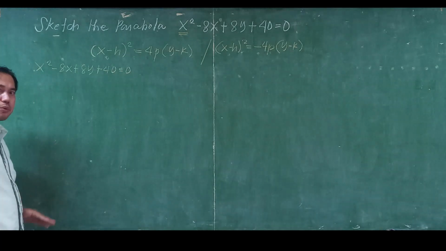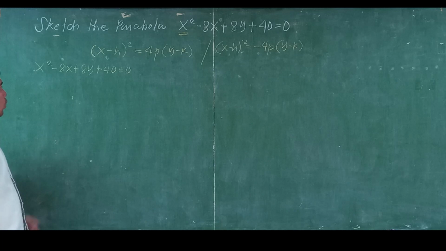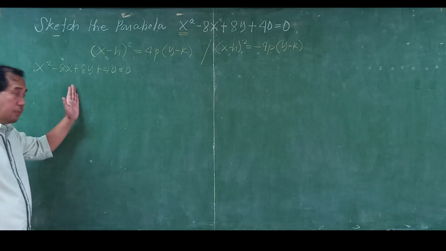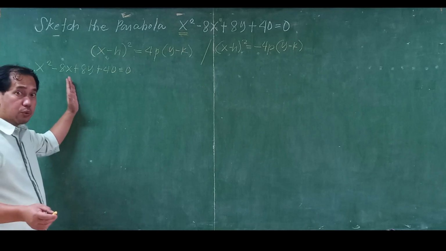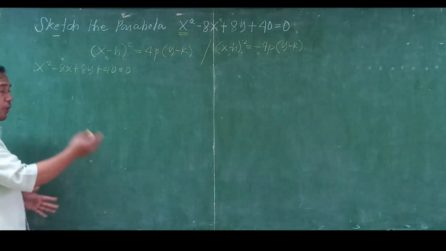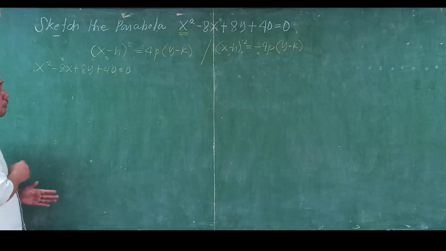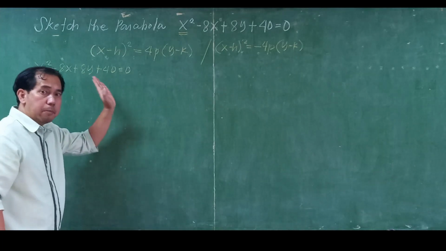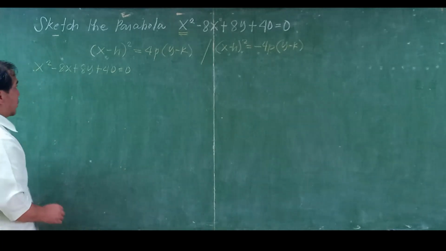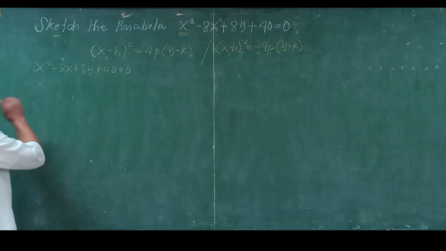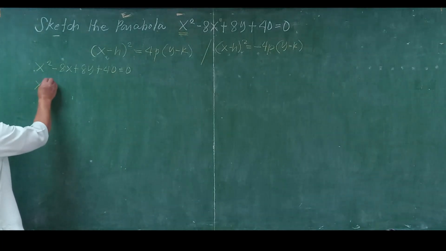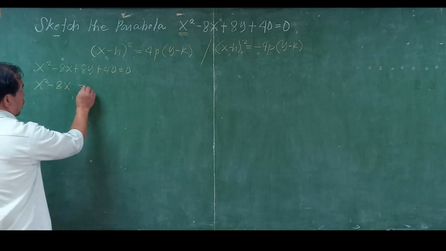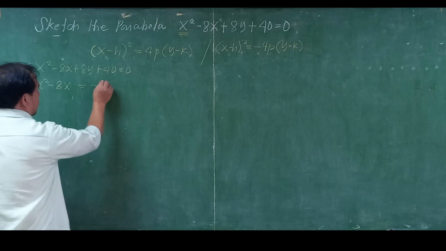Again, the variable that is raised to the second power, which is x raised to 2, including the variable x, which is not raised to the second power, will be isolated at the left side. And the other variable, which is y, and the constant will be isolated at the right side. And so how do we do this one? That is the same as x raised to 2 minus 8x is equal to negative 8y minus 40.